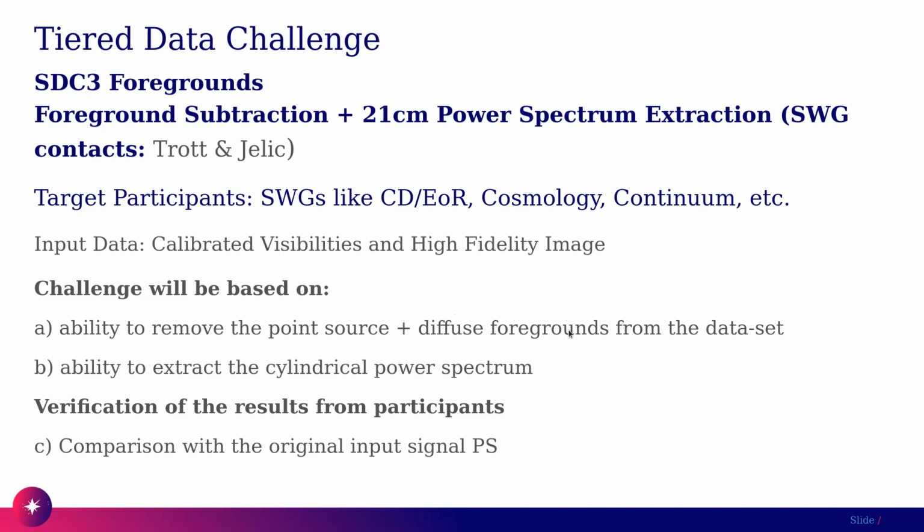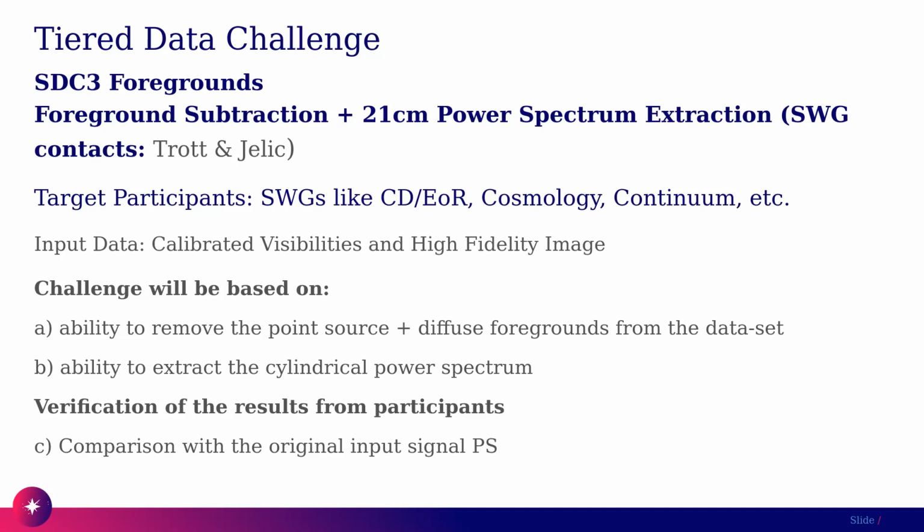We have to remove them using different techniques, like what Srijita mentioned: Gaussian process regression, parametric, non-parametric, and principal component analysis. There are different types of algorithms in the literature. We have to test which works better for the SKA, but if people have any other ideas, that will also be useful for us.